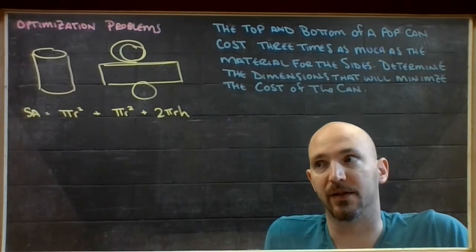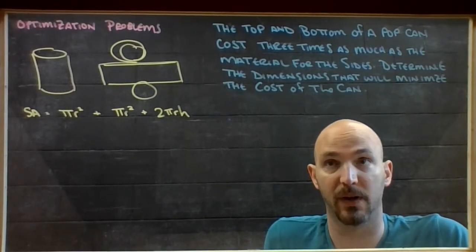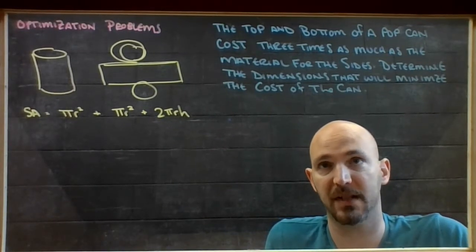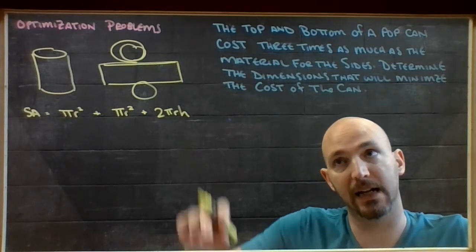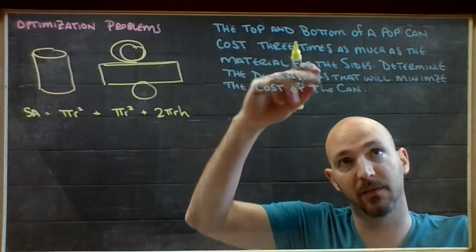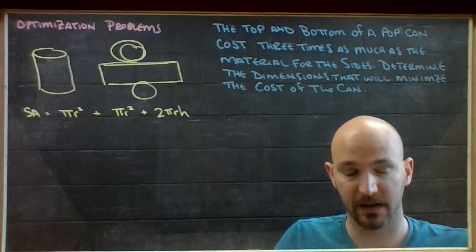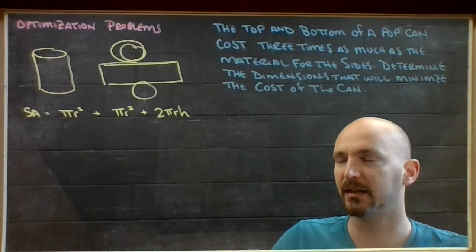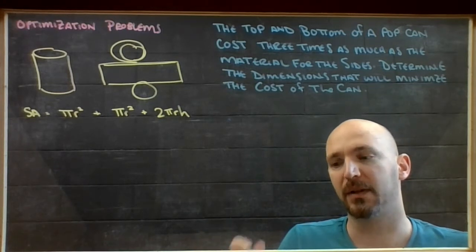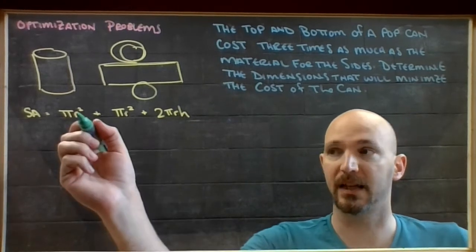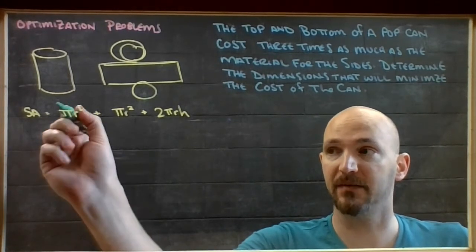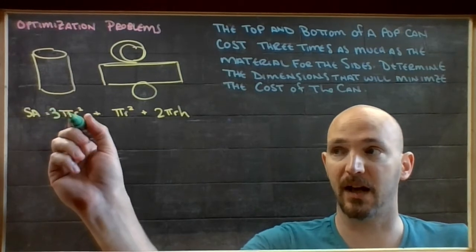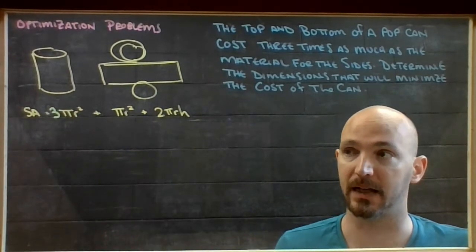Okay, now to change this from a surface area equation to a cost equation, I just have to factor in the fact that the top and the bottom cost 3 times as much. Now, it doesn't specify how much that is. It's not really necessary. All I need to realize is that because this is 3 times more expensive, I have to pay for it 3 times for every 1 time I buy that.